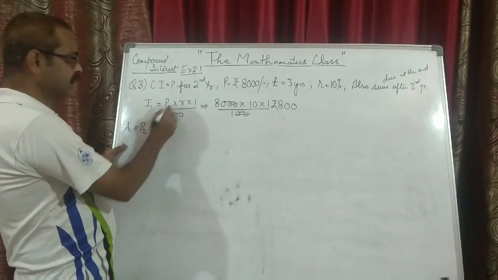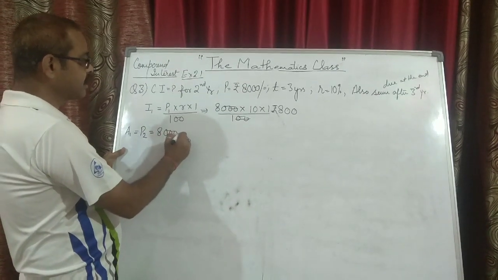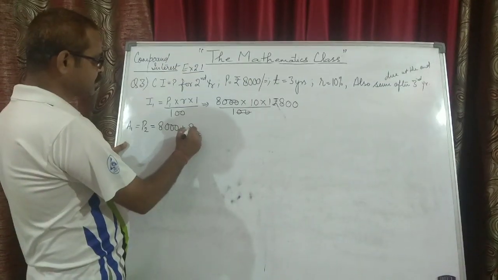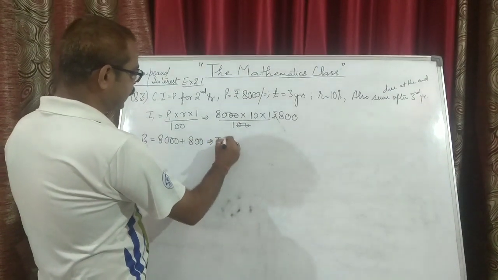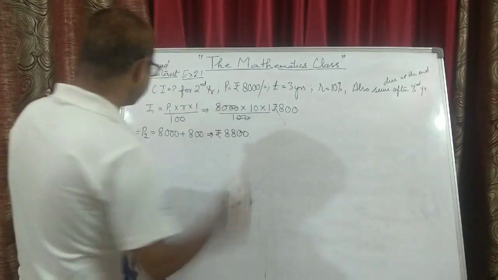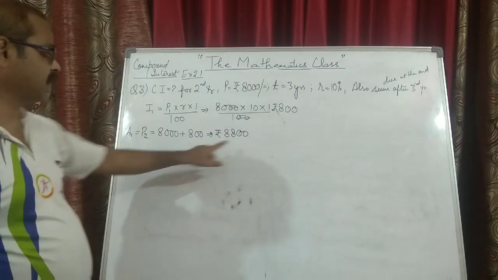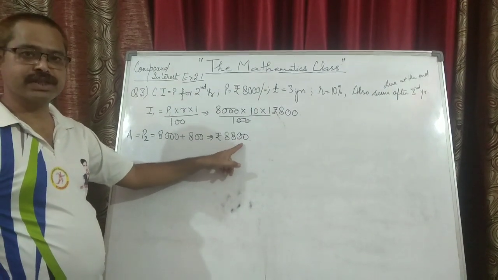So that will be the initial sum, 8,000, plus interest, 800. So it becomes rupees 8,800. Now this is the amount after the first year, or principal for the second year.